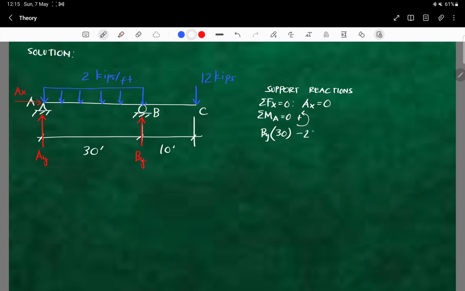So 2 times 30 is the equivalent concentrated load, like the area of the uniform load. And its moment arm is at half of 30, so we have 30 divided by 2.